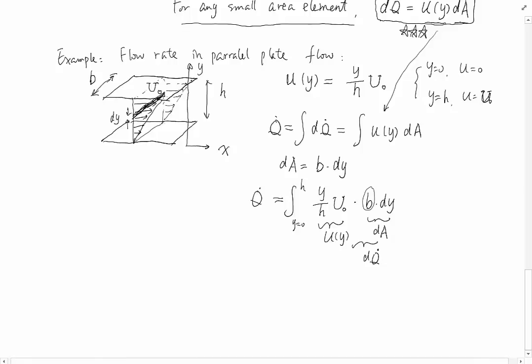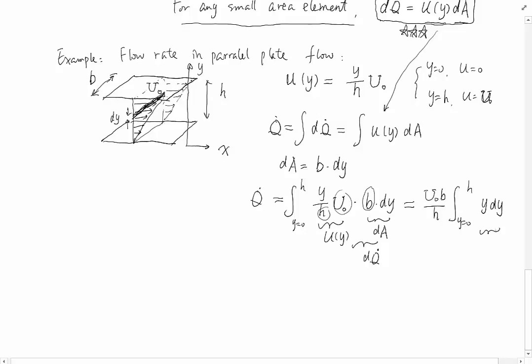Now we have this constant, and this as constant. So we pull all the constant out. What we have is y dy.